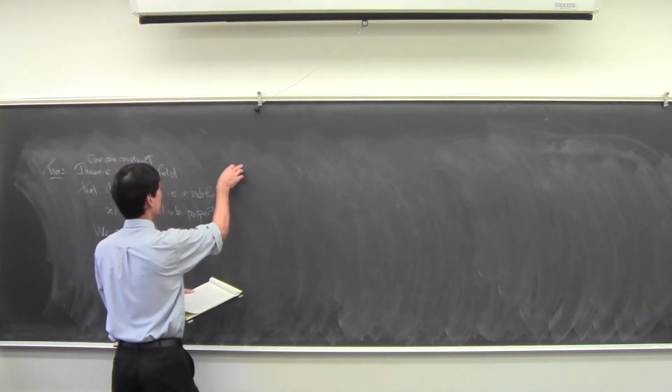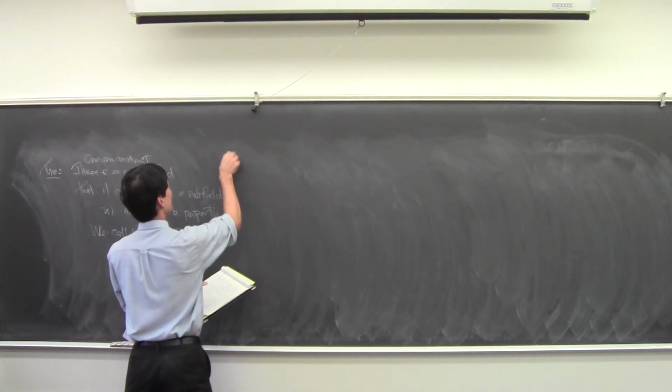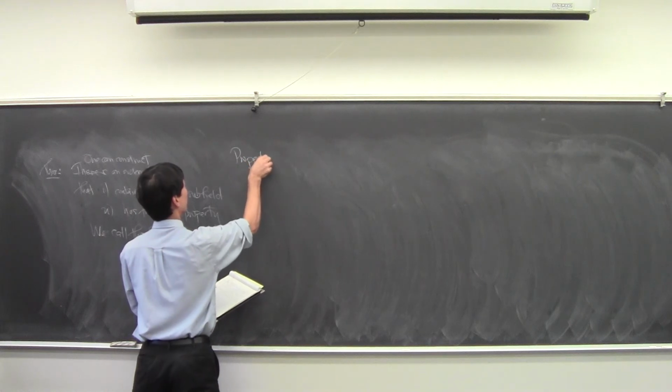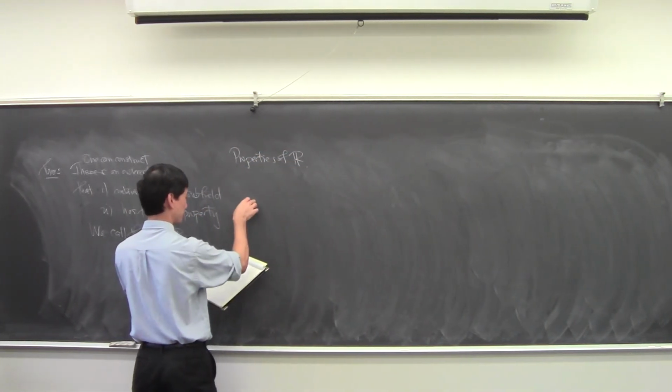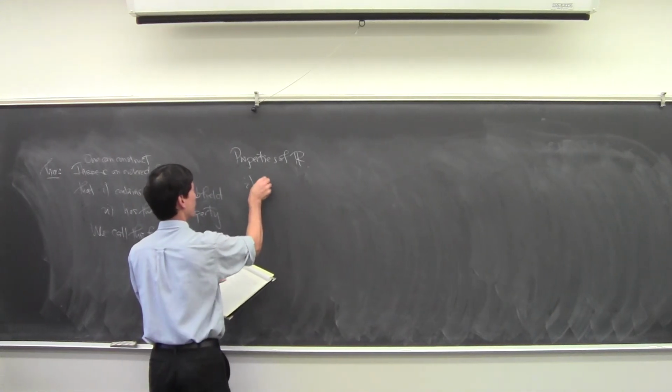Now this field R is going to have certain properties. The first is called the Archimedean property.